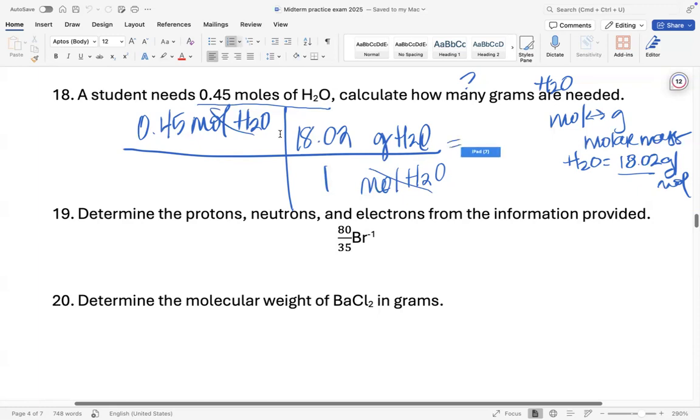Then we're going to multiply 0.45 times 18.02, and we get a number I have not solved for yet. 18.02 times 0.45, 8.0 no, sorry, 8.109 grams of H2O.